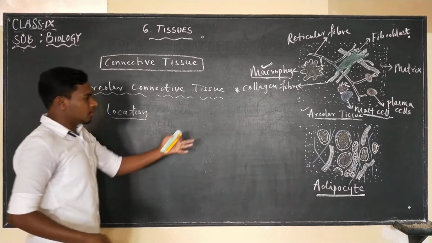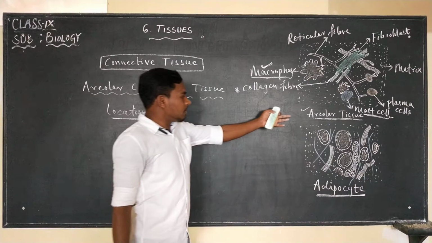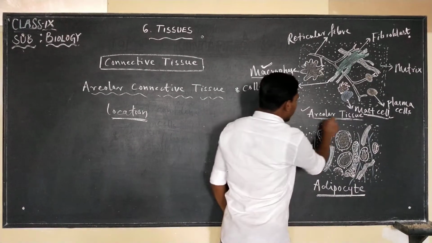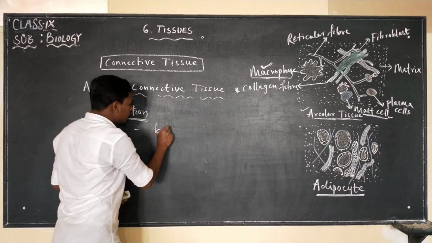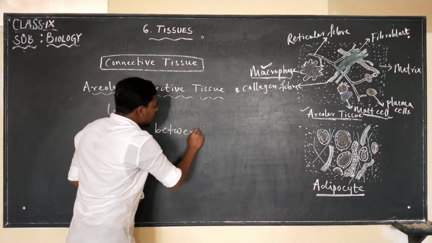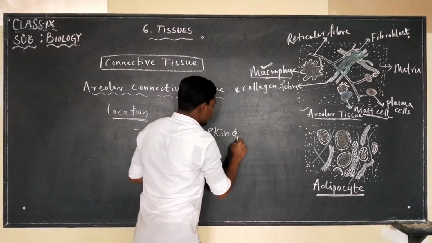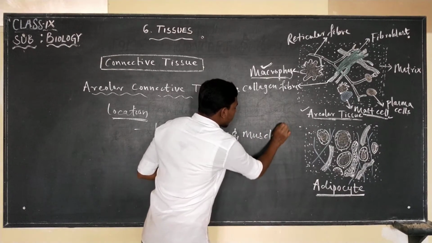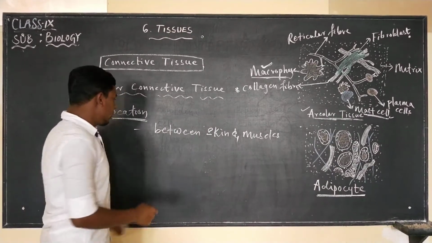Because of its more space and arrangement, it is known as areolar tissue, and it is located between skin and muscles.